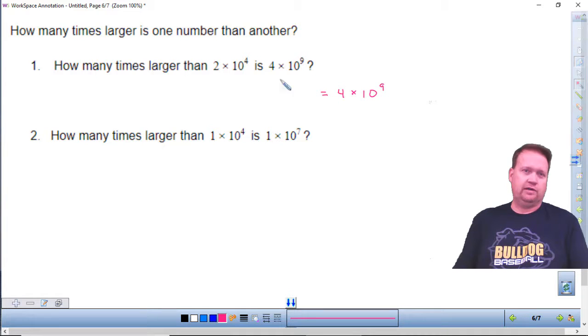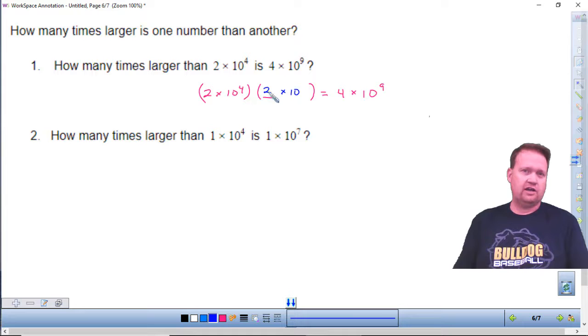And what I'd like to know is, what do I have to multiply this by to get that? So I'm going to start with 2 times 10 to the 4. And now it's a matter of, like a puzzle, what number has to go here to give me a 4? Again, it's a multiply problem. 2 times 2 is 4. And then the next thing we have to decide is, what does the power on 10 have to be?